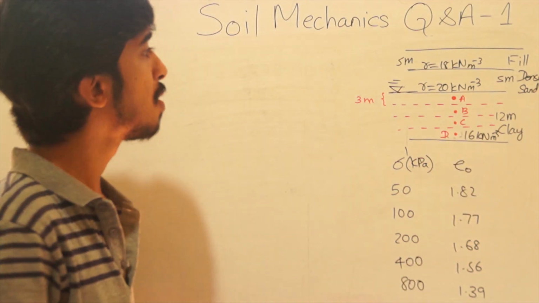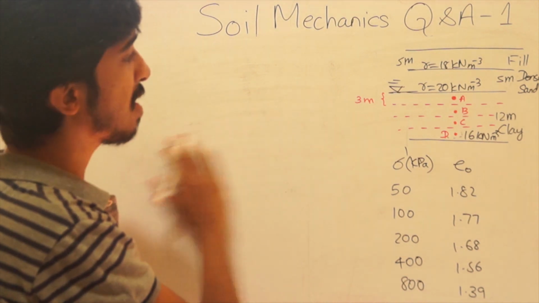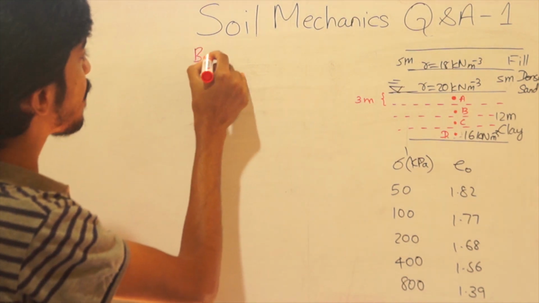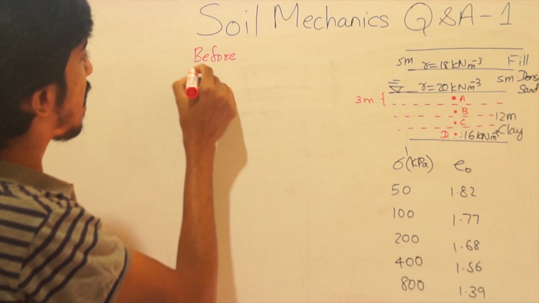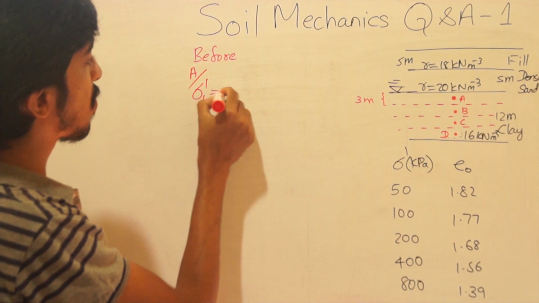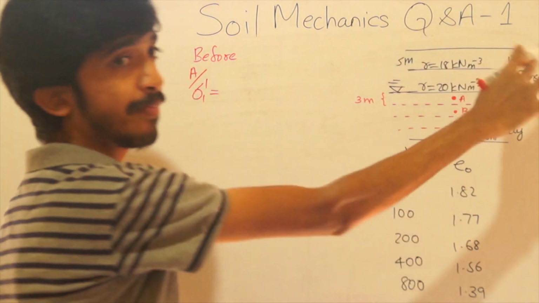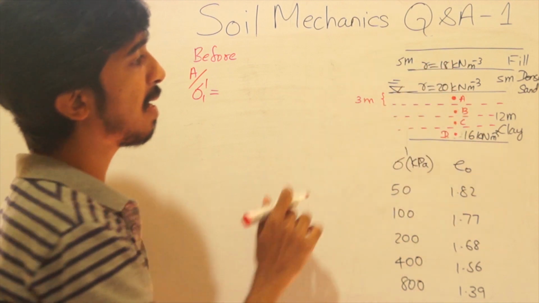applying the fill. I'll just show it for one part. It's very easy. Before construction, at A, the load sigma 1 dash would be equal to, so before construction there is no fill, only the sand and the clay layer.